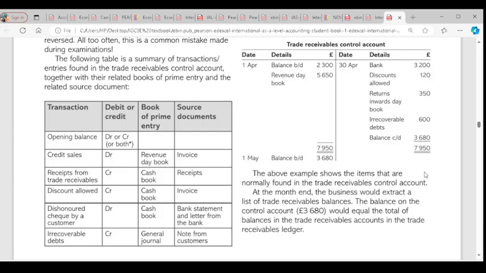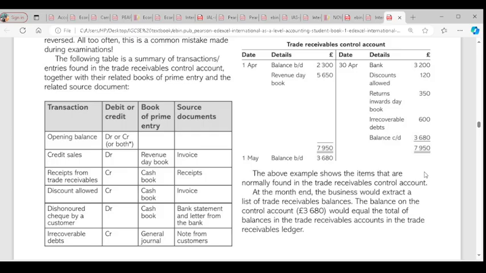So we have the format for the trade receivables control account. For the format, we have our opening balance. Most of the time, you're going to have an opening balance. If it is debit or credit, it will be stated. So if it is stated debit, you put it on the debit side. Then your credit sales will be on the debit side.